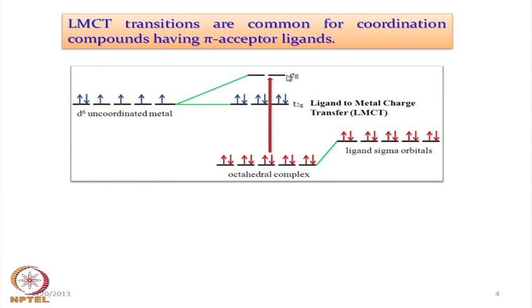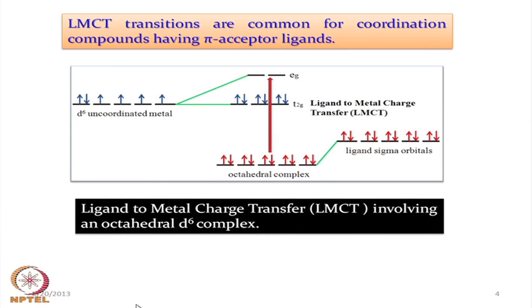Eg is the antibonding level compared to the T2g level, and it is vacant. So, the charge density can flow from the ligand orbitals to the vacant metal orbitals. So, ligand to metal charge transfer transition can take place here.